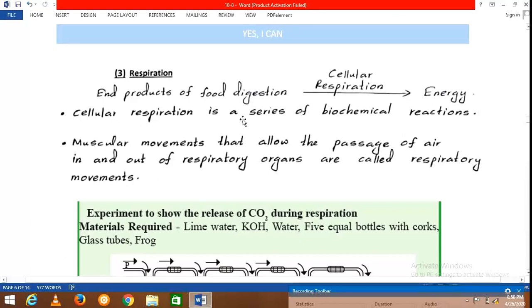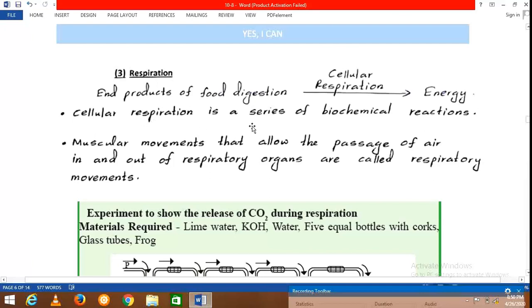During respiration, the food that we have taken undergoes digestion, and the digestive end products undergo cellular respiration to produce energy.